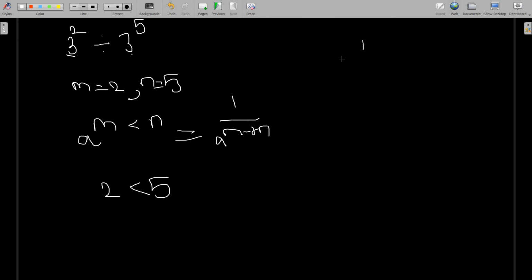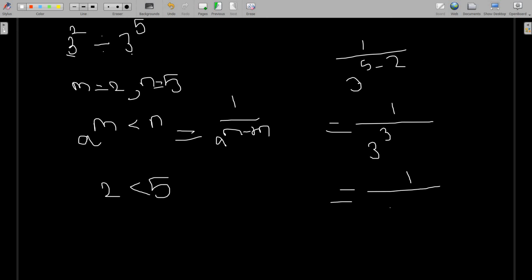So 1 by 3 power 5 minus 2, which is 1 by 3 power 3, so 1 by 27 is the answer. In this way we should solve the problem, and you have learned the division property.